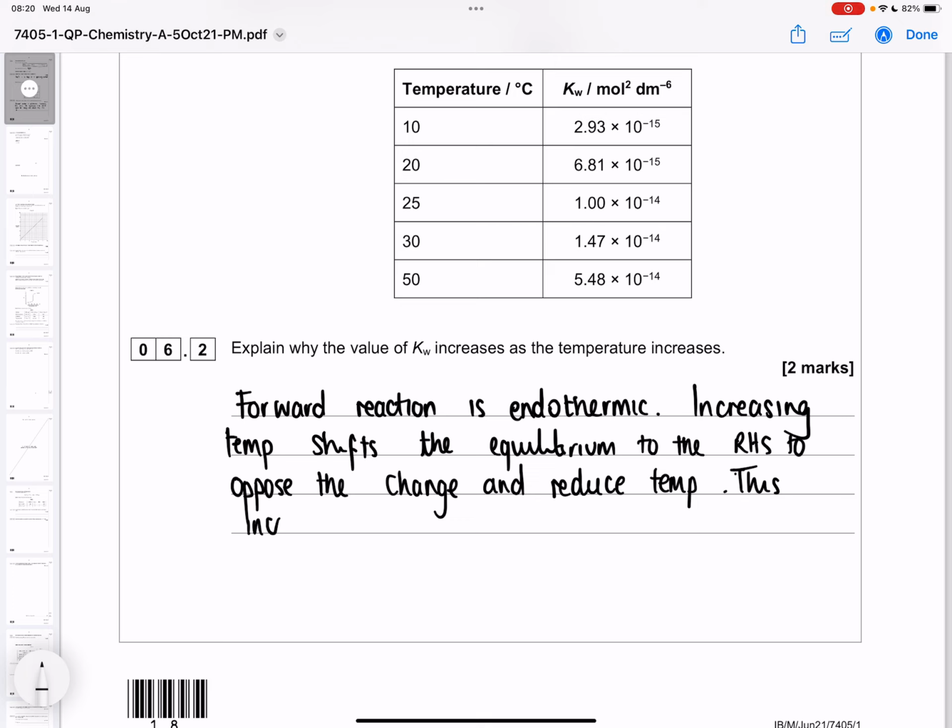This increases the concentration of H plus and the concentration of OH minus, so Kw increases.